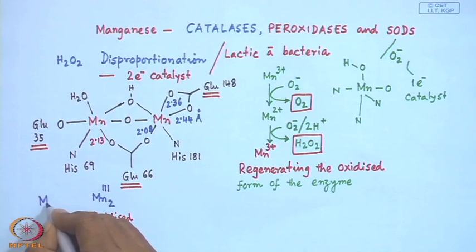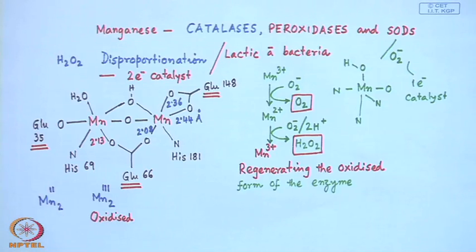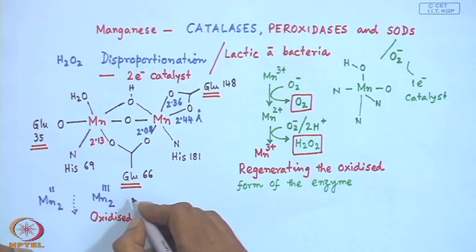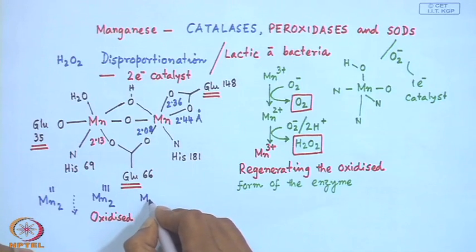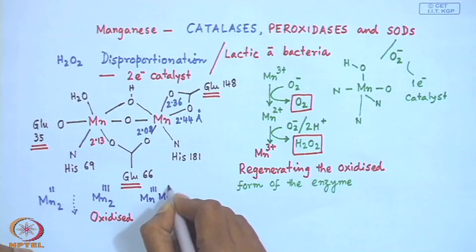Then in the reduced form, if both the two centers can be reduced, we can have a manganese 2,2 site, and at the intermediate position, the mixed valent one. So, one manganese site can be oxidized and you get manganese 2,3 compound. Then if we are able to oxidize one such manganese site to its +4 oxidation state, we get manganese 3, manganese 4 compound.